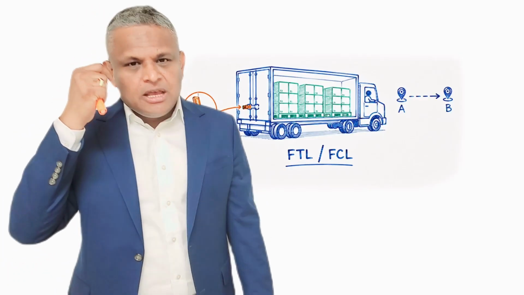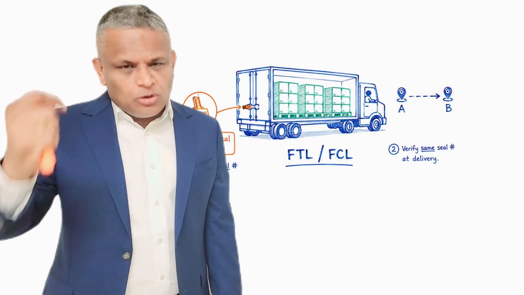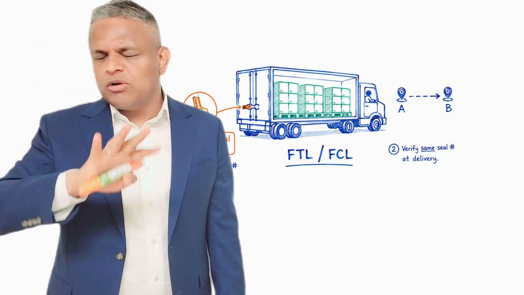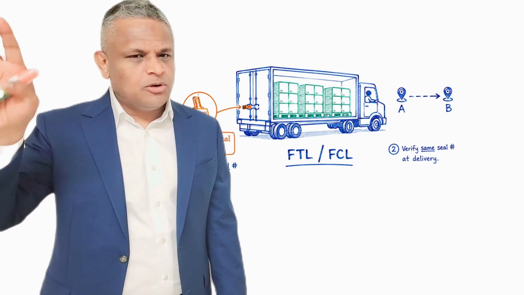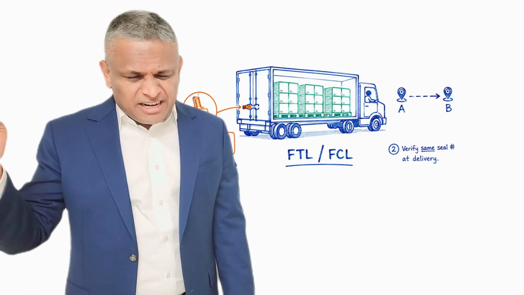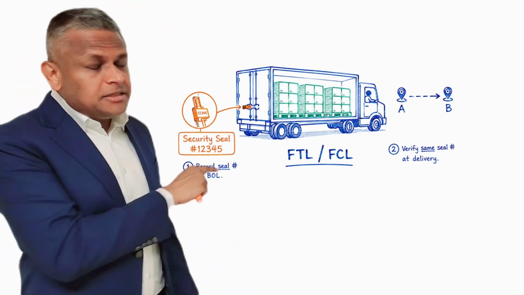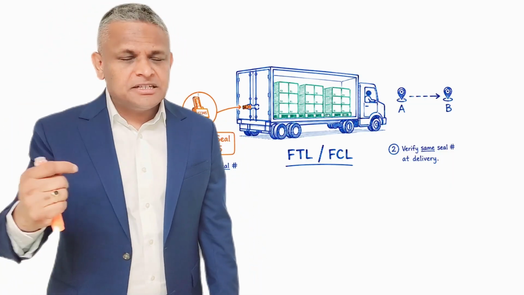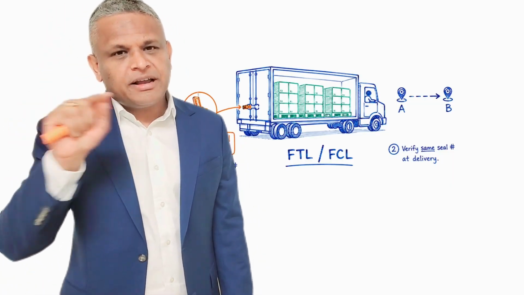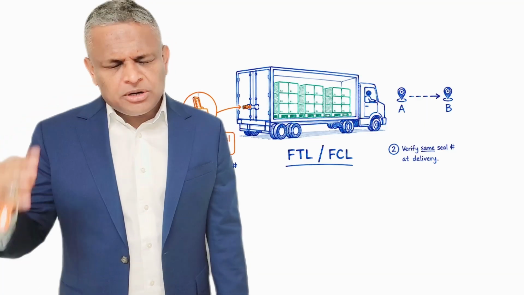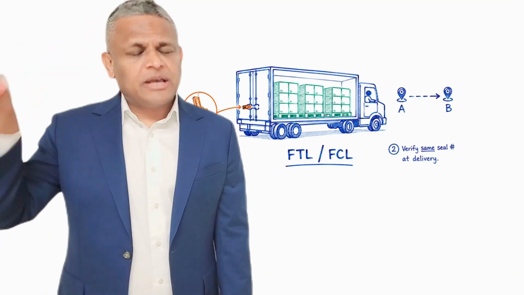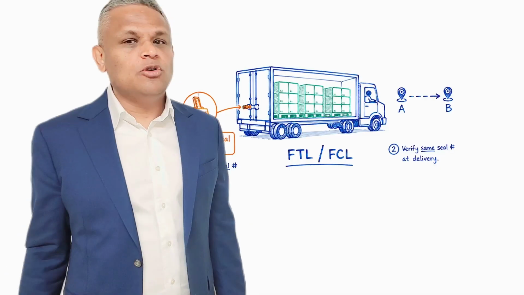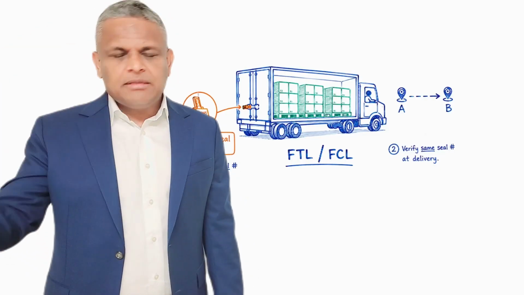Show that not only did you perfectly load the truck, with extra securements like load bars, load straps, and airbags, but that you closed it and applied the seal. Take photos of that and share the seal number with them as well. The recommendation is also to write it in the bill of lading document, then capture the bill of lading document and upload it to LoadProof, so they can see on their side, hey, this is what it is.